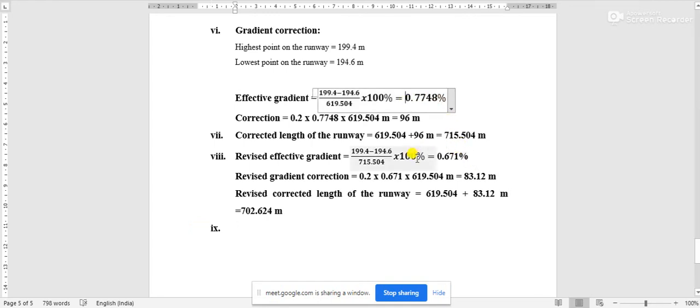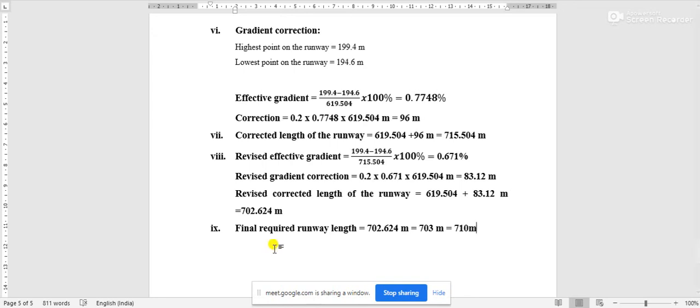The change of these revised effective gradient may be very less, and at that step you have to stop the revision, and finally you have to go for the final required answer, that is final required runway length equals to 702.624 meter, and this is not a practical value. For practical case you have to go for 710 meter maybe.